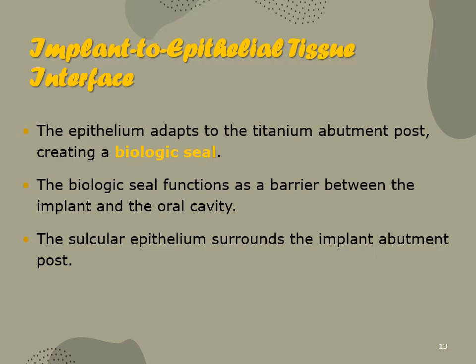However, that seal is not going to be as good as junctional epithelium. The biologic seal functions as a barrier between the implant and the oral cavity, but it's a weaker type of seal. And the sulcular epithelium that surrounds the implant abutment post is still going to be there. You're still going to have a sulcus, and you're going to be able to probe those areas, but it's just different.